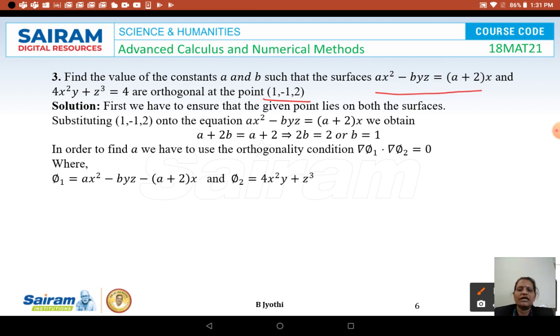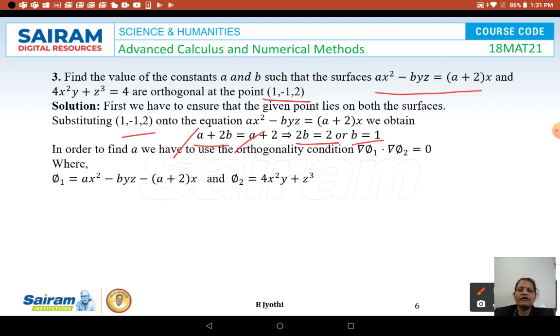First we have to ensure that the given point lies on both surfaces. Substituting (1, -1, 2) into ax square minus byz equal to (a plus 2)x, we obtain a plus 2b on the left hand side and a plus 2 on the right hand side. Cancelling a, we get 2b equal to 2, or b equal to 1.